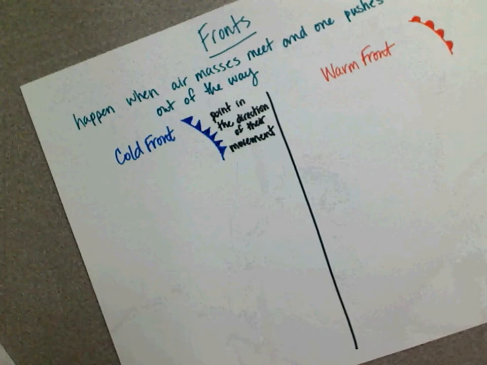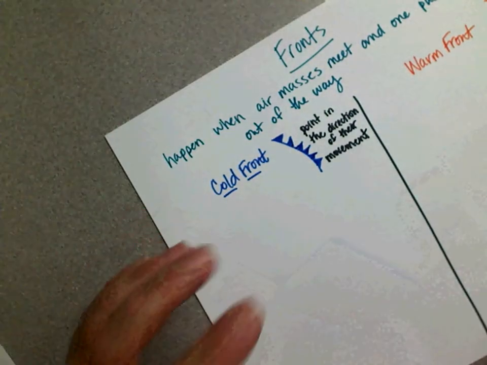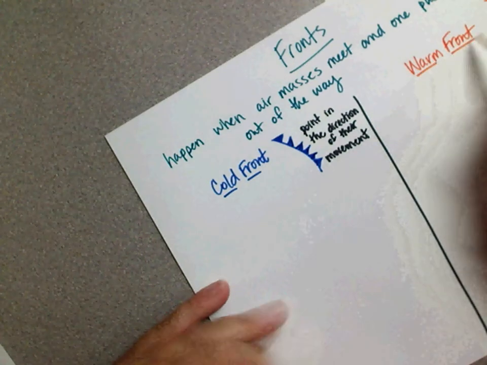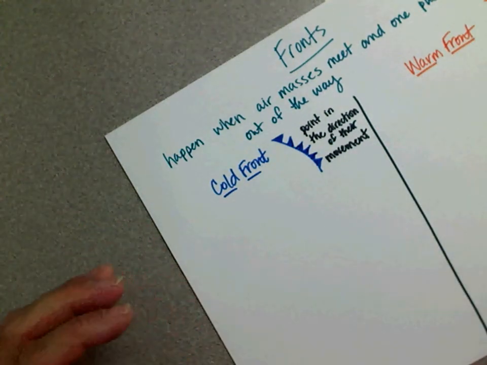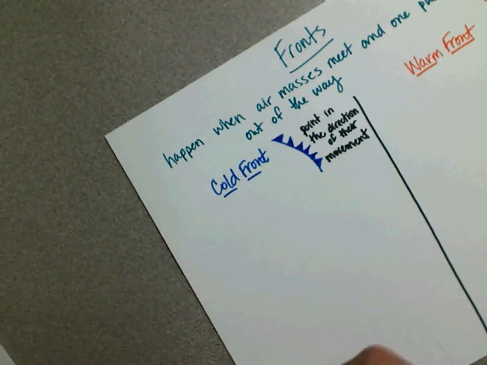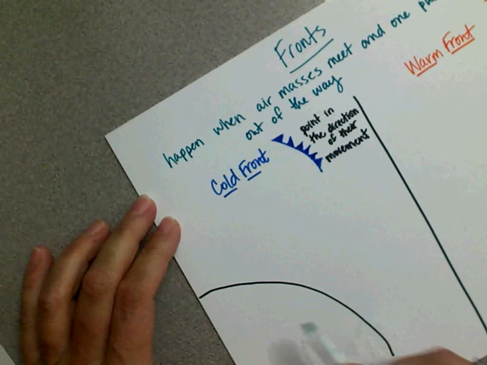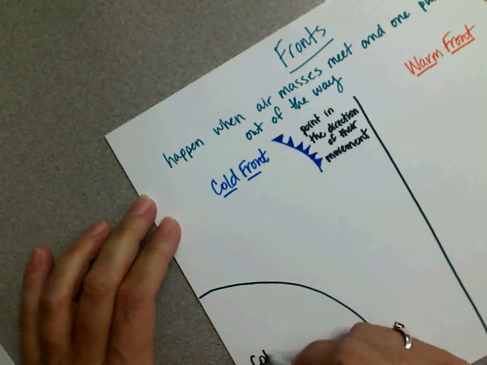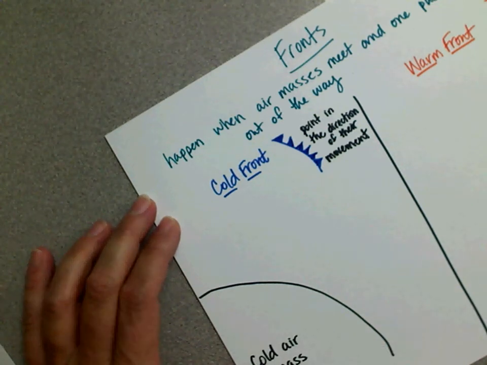Good. Okay. So our cold front. What happens in our cold front? We have this cold air mass. Okay? So our cold air mass is moving toward a warm air mass, right?